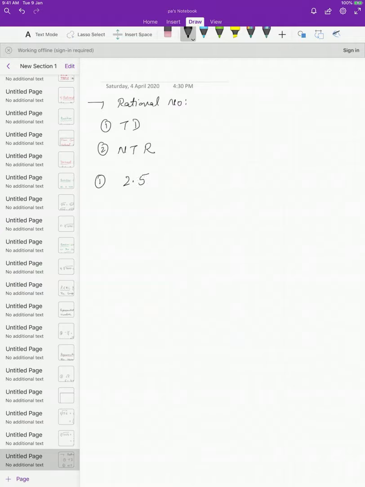I can easily convert this number into the form p by q by removing the decimal and writing 10 in the denominator. That gives me 5 upon 2, which is in the form p by q, where both p and q are integers and q is not equal to 0. Hence we can say that terminating decimals can be expressed in p by q form.